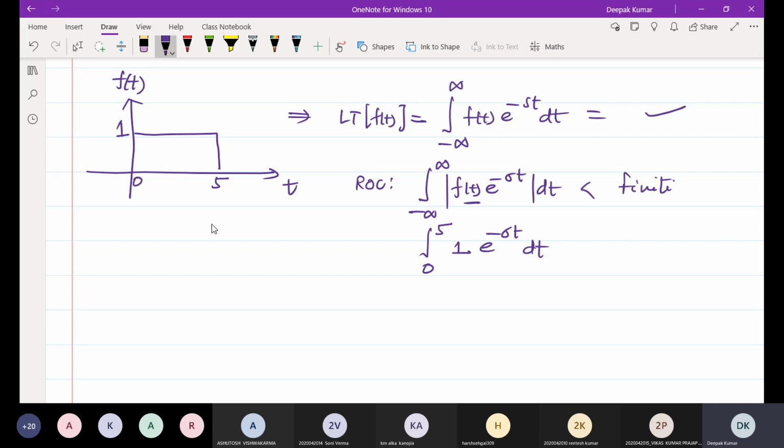Yes, all the values of sigma are acceptable, possible to converge the Laplace transform.